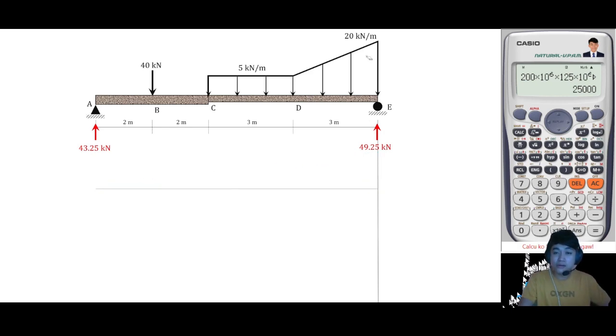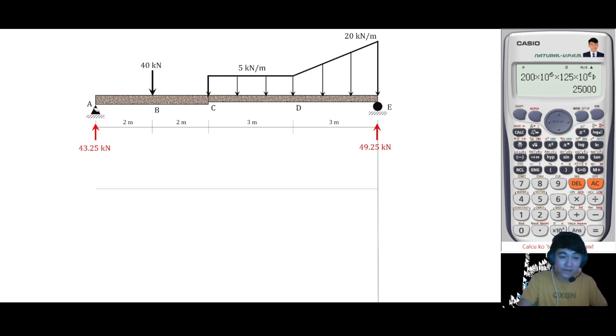Okay, so let's use this as our reference since we have here a triangular or varying load. Make sure that if you have a varying load, always select the point of highest intensity as your reference point. Okay, so we will just take the moment of each load to that reference point.